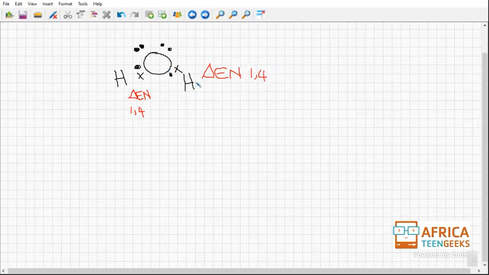This means that these 2 electrons, the ones that bond oxygen and hydrogen, get pulled closer towards the oxygen and away from the hydrogen. Are electrons positive or negative? Come on, electrons, positive or negative?